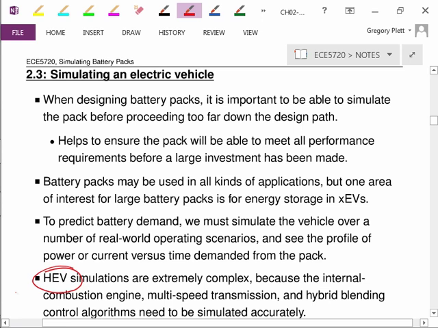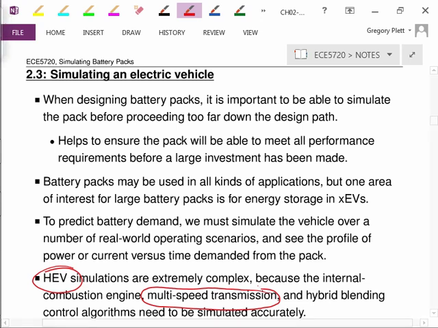Always for an internal combustion engine there's a multi-speed transmission. For a hybrid vehicle there's going to be some kind of a control algorithm that determines how to blend the electric power and the chemical power from the combustion engine, and all of these would need to be simulated accurately. And a lot of things, such as in an automatic multi-speed transmission, what is your shifting profile? That's proprietary.